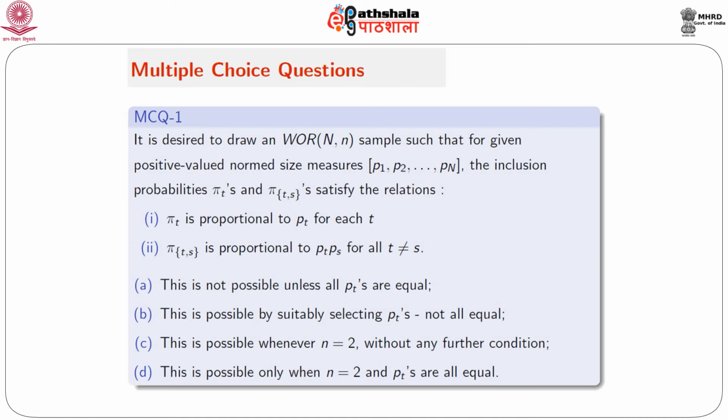A. This is not possible unless the Pt's are equal. B. This is possible by suitably selecting the Pt's not all equal. C. This is possible whenever n is 2 without any further condition. And D. This is possible only when n is 2 and Pt's are all equal.